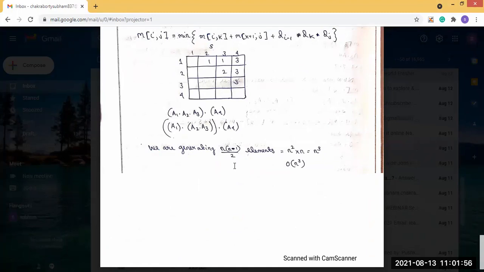So the time complexity of matrix chain multiplication will be order of n cube. That is quite high, not so good, because it is cubic.